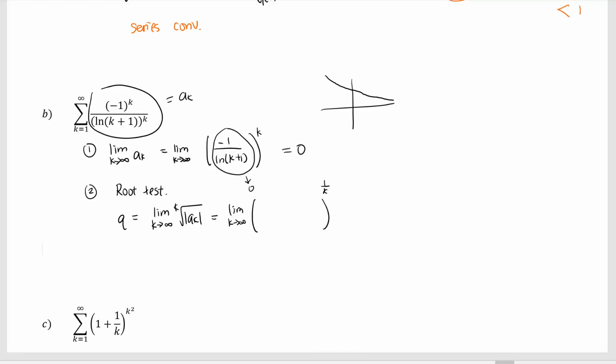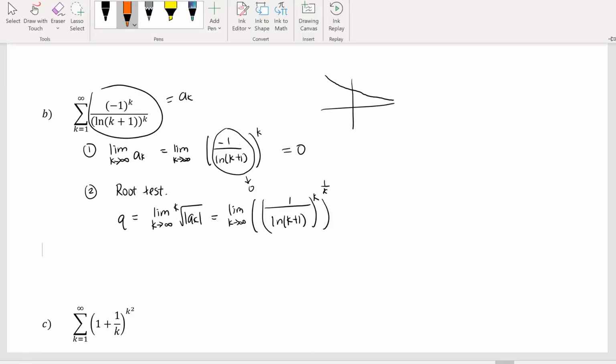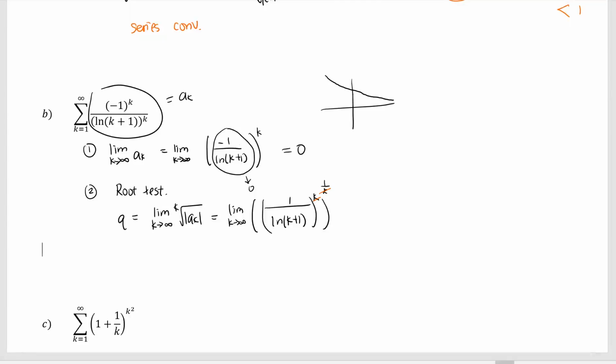So the k root of the absolute value of a sub k, we actually get 1 over ln of k plus 1, and then to the power of k, so the k's cancel. So we get the limit as k goes to infinity of 1 over ln of k plus 1. And when the denominator goes to infinity, the answer is 0, because 0 is less than 1. So by the root test, the series converges.